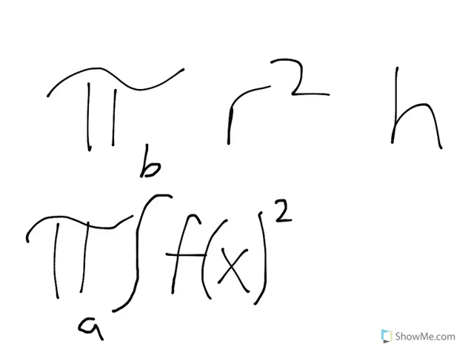So that's our radius right there, f of x. And then multiply this by h, and what is h in this case? It's dx, the change in x. Perfect. What this is going to do is give us a bunch of really thin cylinders, which are basically circles, which we can then add together to calculate the volume of the total shape.